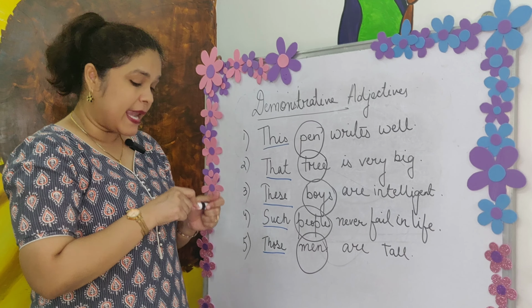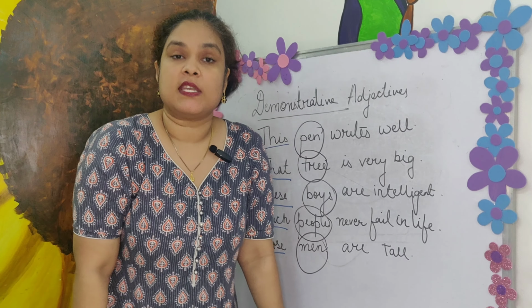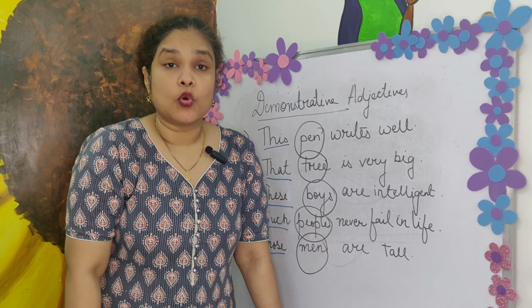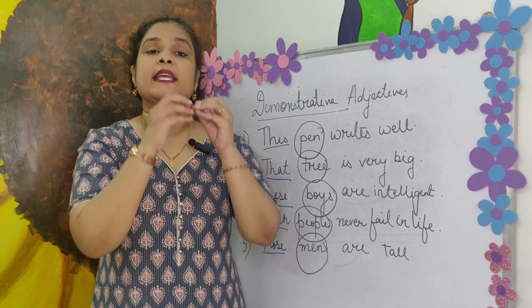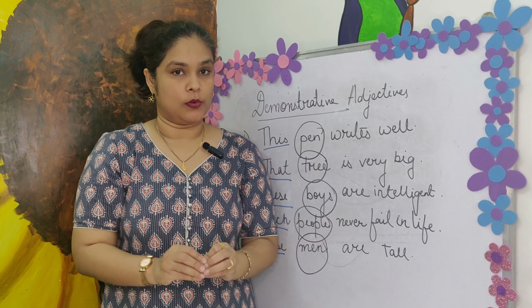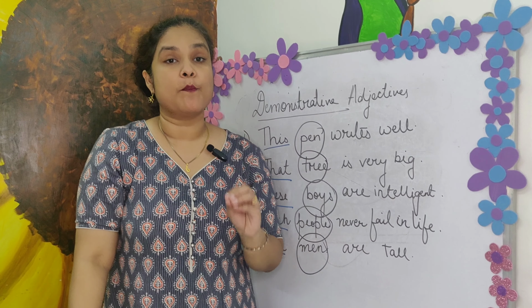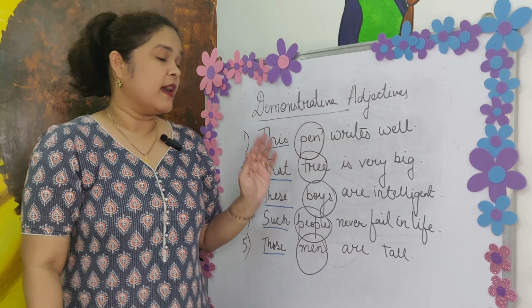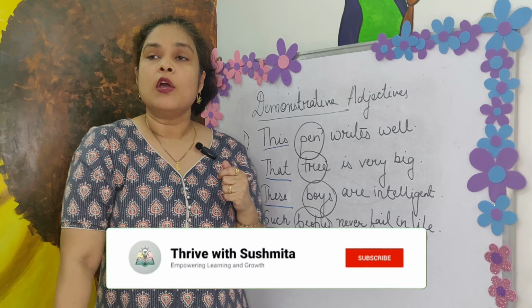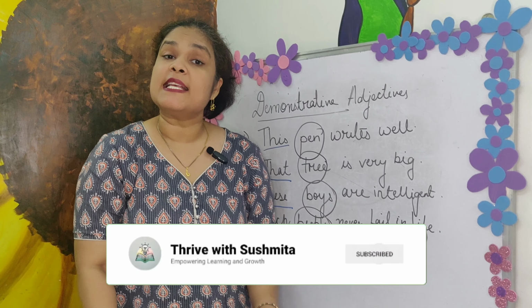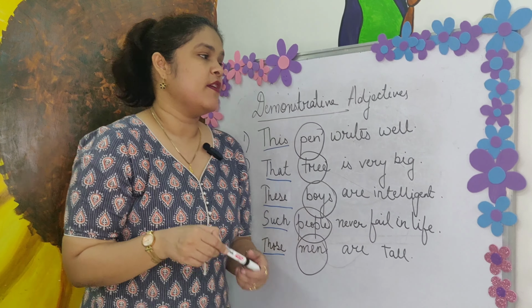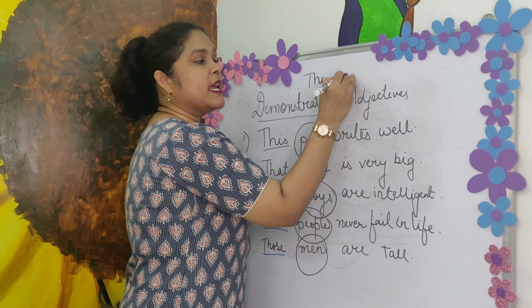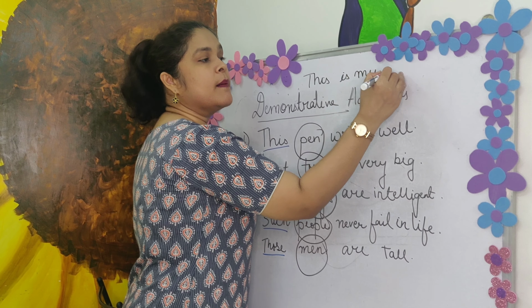Whenever we use these demonstrative adjectives, this, that, these, those, they are usually placed before a noun. It is very important to note that. For example, this pen writes well. Again, it was just before the noun. Now suppose there is a sentence which says, this is my pen.